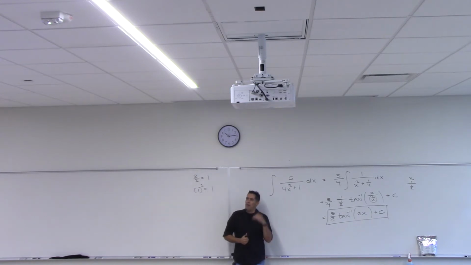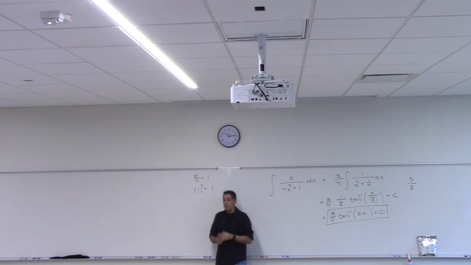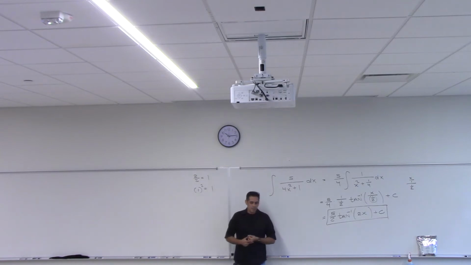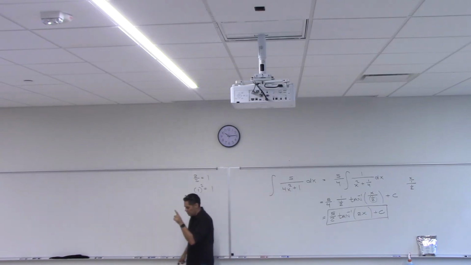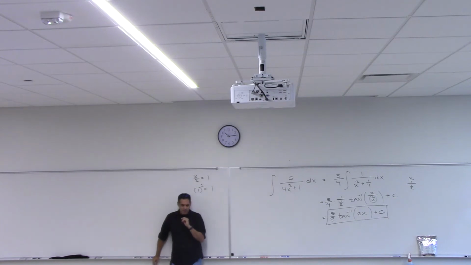So I'm looking at this. I've got linear over an irreducible quadratic, and I'm trying to figure out what to do, right? So think about this. In my Cal 1 class, we were talking about this the other day. When you have a polynomial, like the denominator is a quadratic, a quadratic is a polynomial. When you take the derivative of a polynomial, the power comes down by 1, doesn't it?